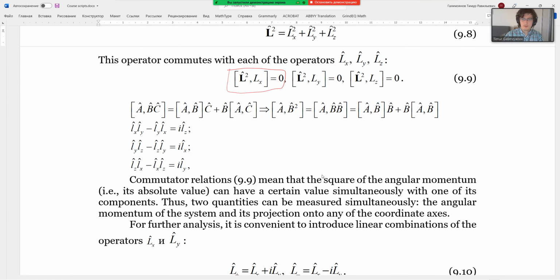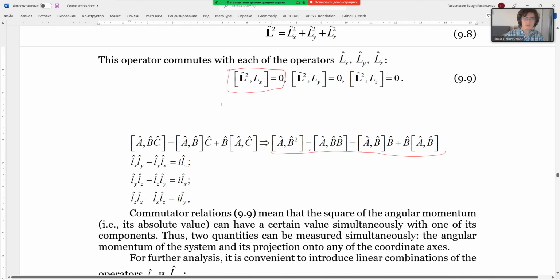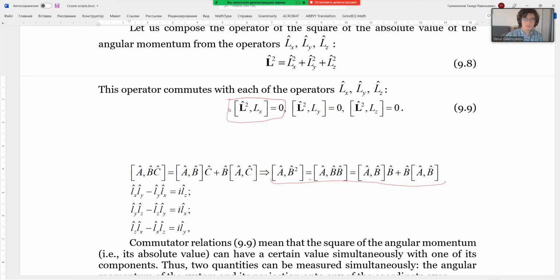So let's do it fast. Lx squared plus Ly squared plus Lz squared, we commute them with Lx.